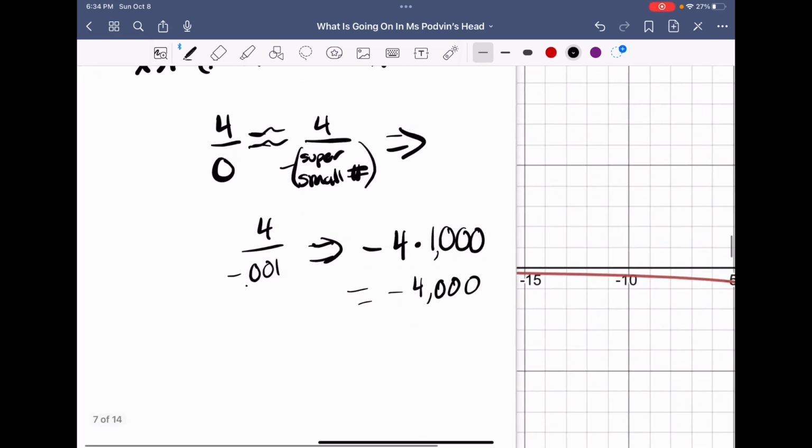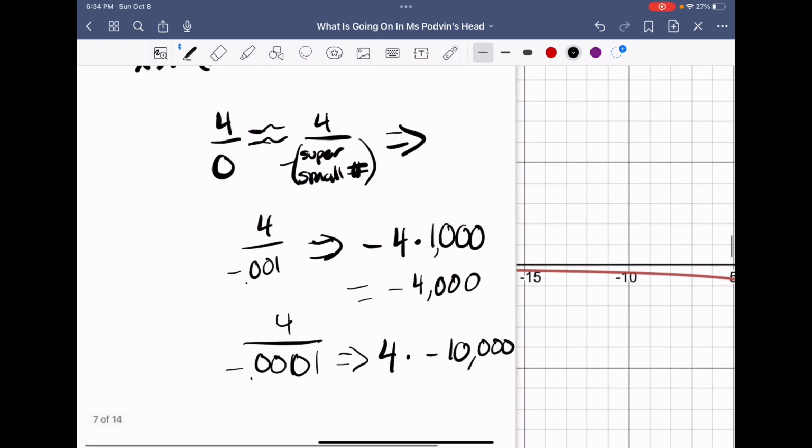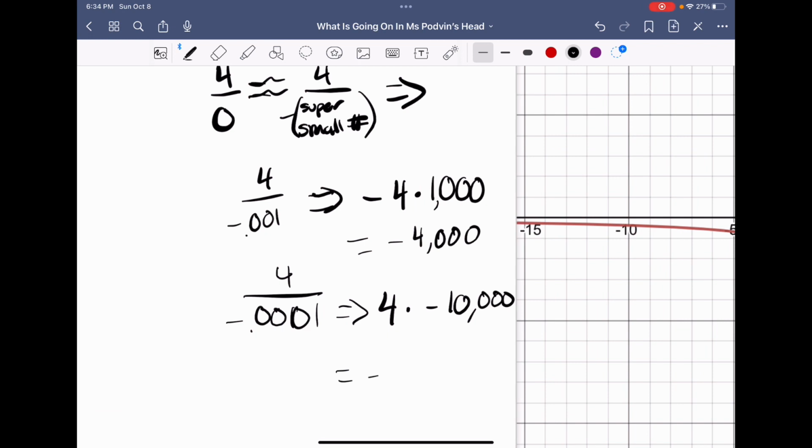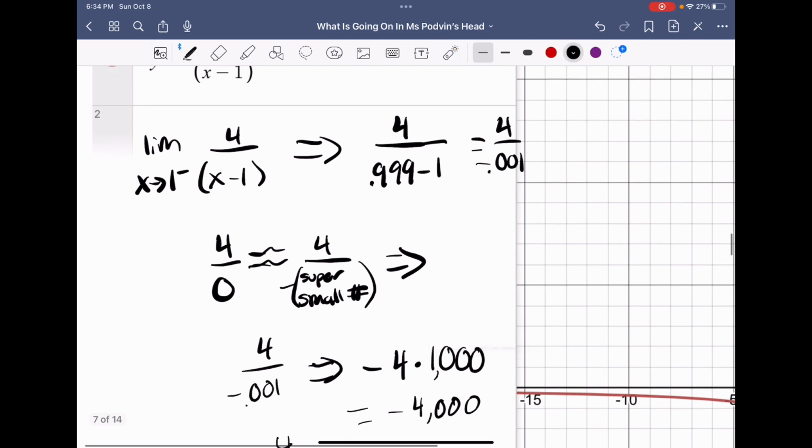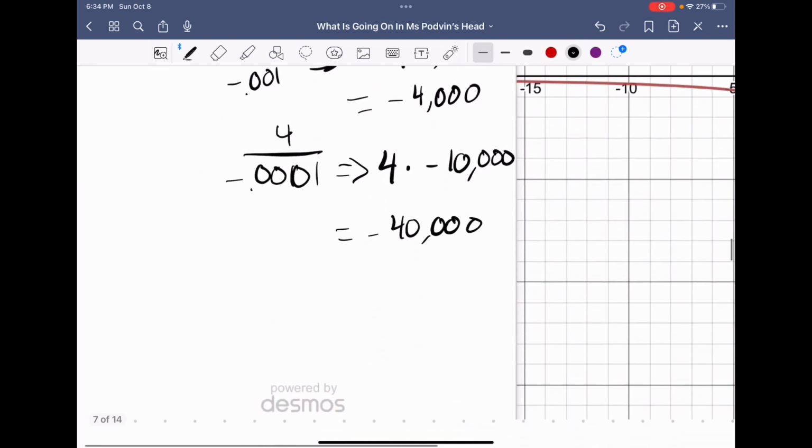Now, if we divided by negative 0.0001, we would end up with 4 times negative 10,000. And see, as we start dividing by smaller and smaller numbers, we keep getting bigger and bigger numbers, infinitely big. So we end up with this going towards negative infinity.